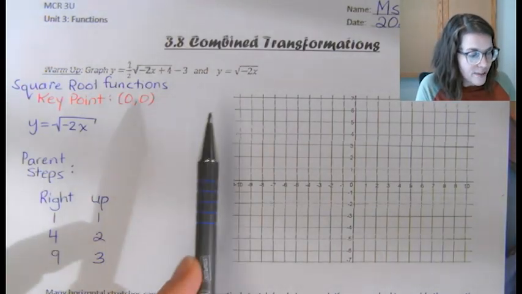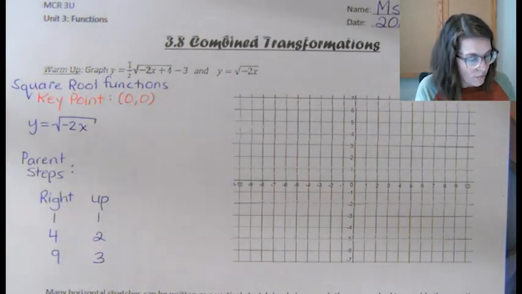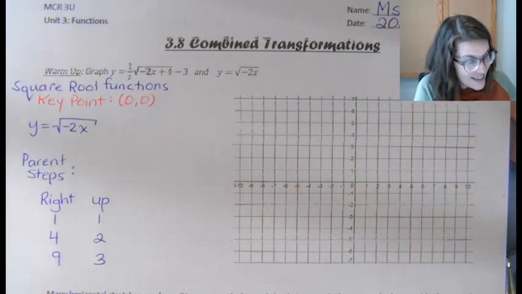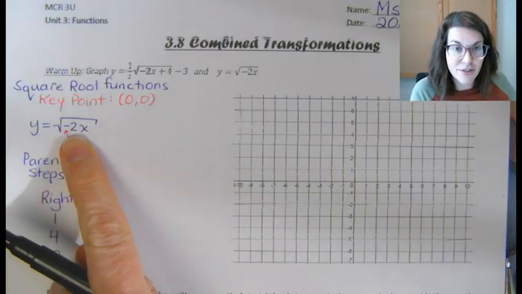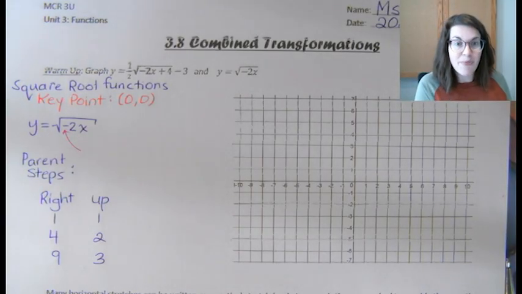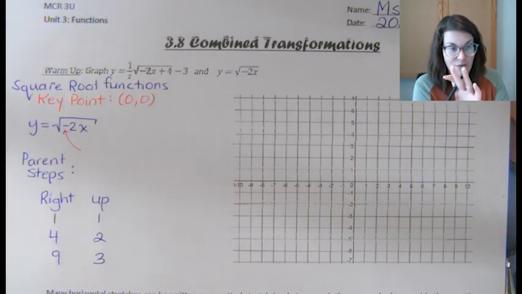So if I'm going to graph this one first, just because there's less going on, we'll start here. There are two things that I notice are happening. One is that I've got this negative with our horizontal stretch or compression. And so if this negative is there, that means it's a reflection in the y-axis. It's a horizontal reflection.